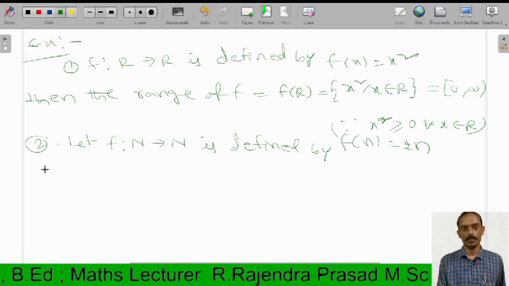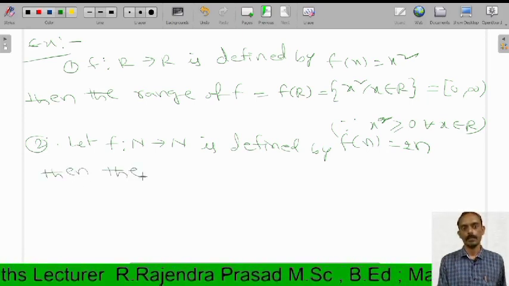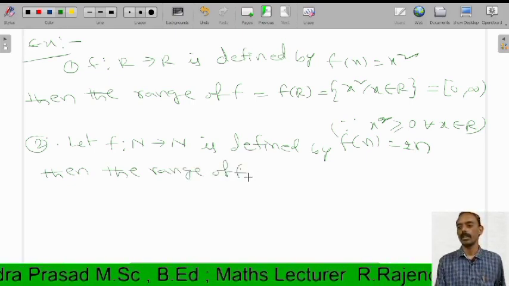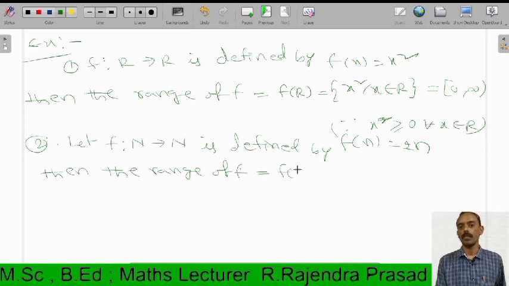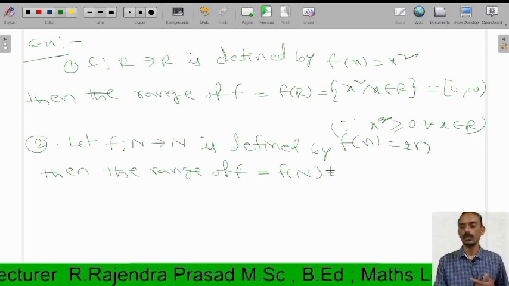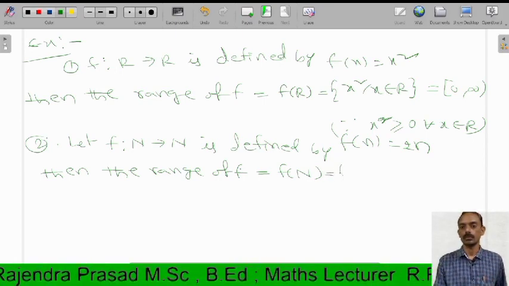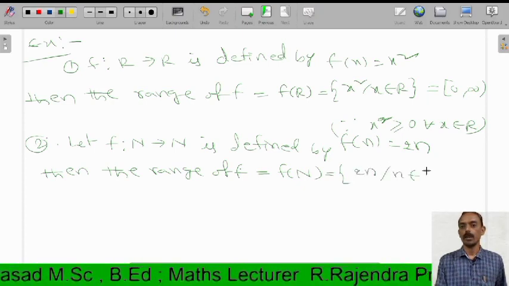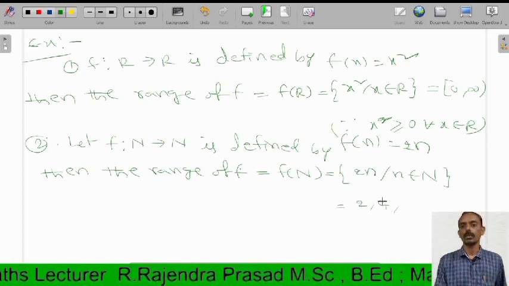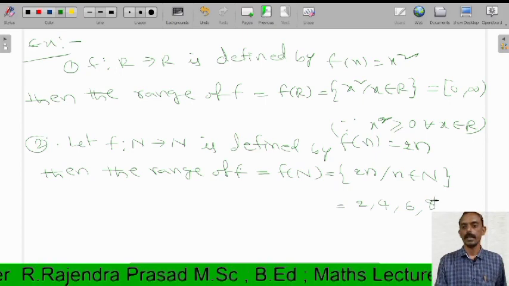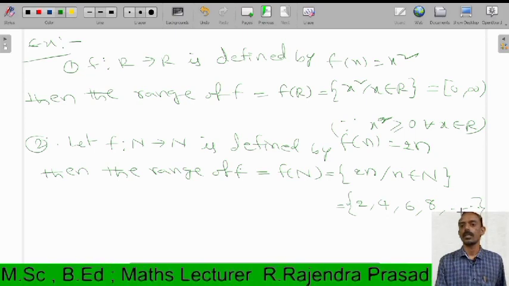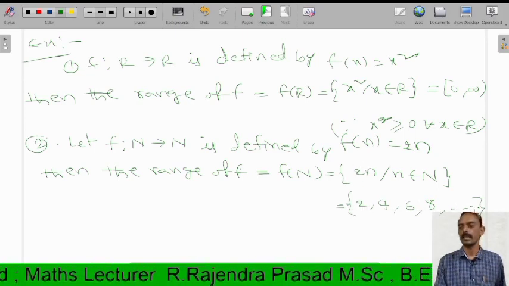Then the range of f equals f of n equal to 2n such that n belongs to N. This is even numbers: 2, 4, 6, 8, and so on. 2n means even numbers 2, 4, 6, 8, and so on. Okay.